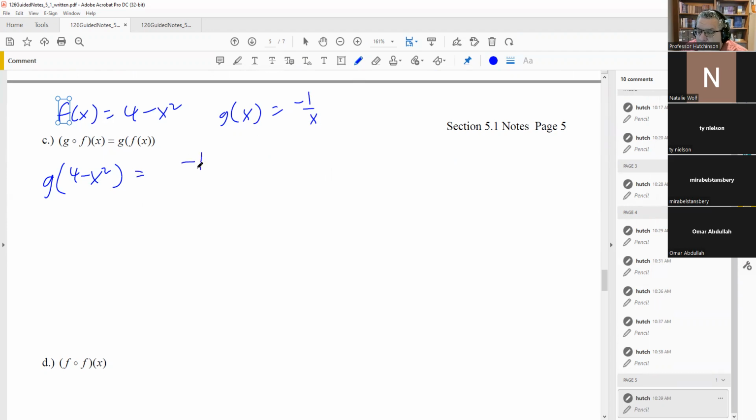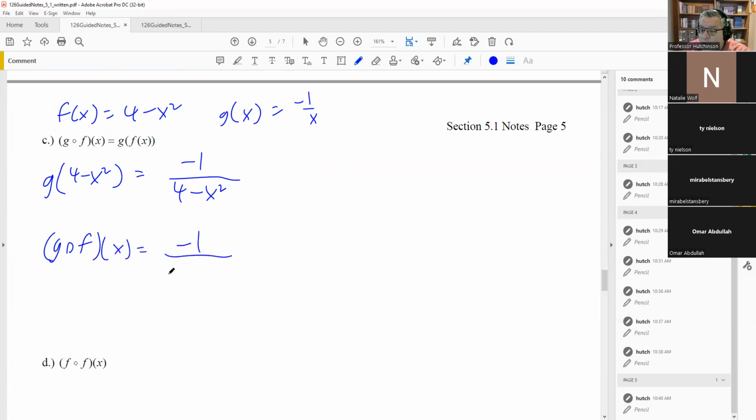To do that, we just have negative 1 over, so that's basically writing the fraction without the x in it. The x gets replaced with 4 minus x squared. Now, it already is a single fraction, but when we write our answer, g of f of x, we're going to just write this in factored form.